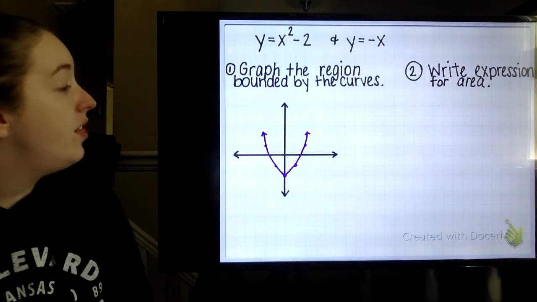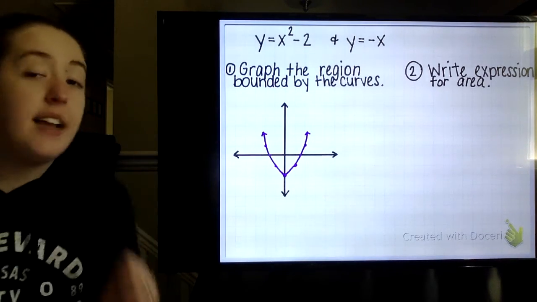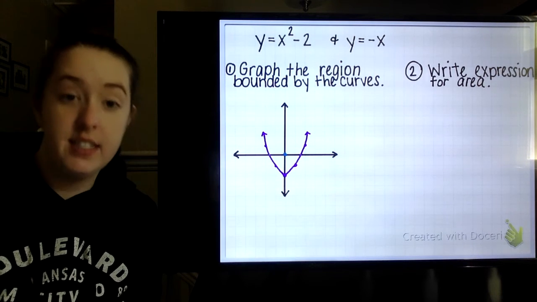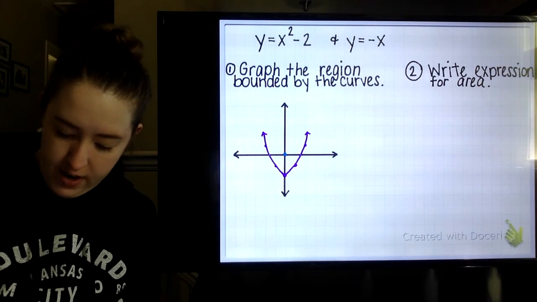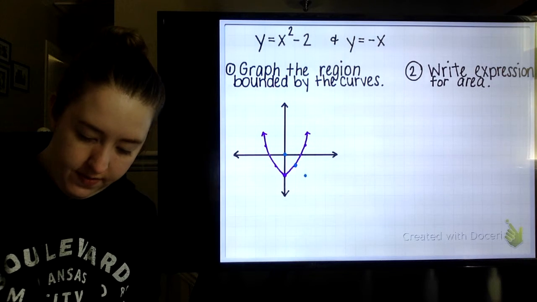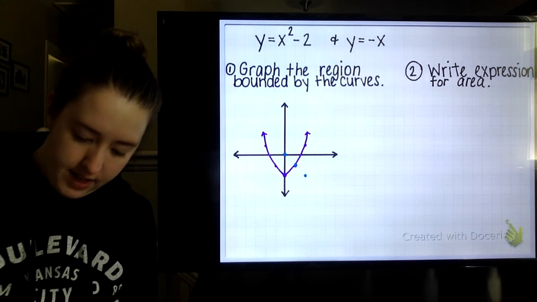Okay, and then we have y equals negative x. So that's a line where the y-intercept is 0, and then we go down 1 over 1, down 1 over 1. We'll graph that line.